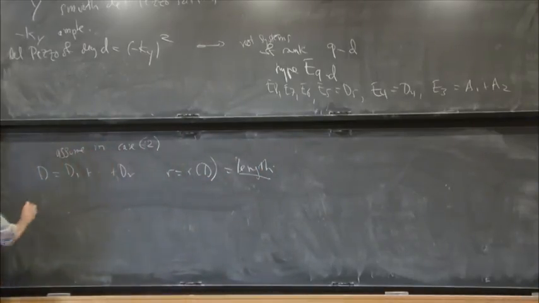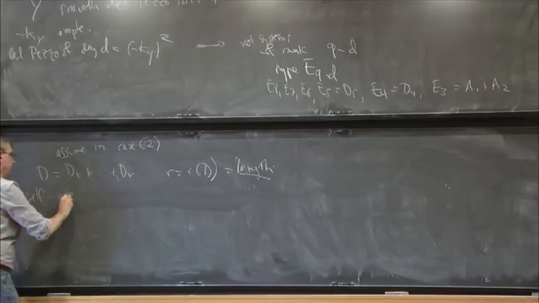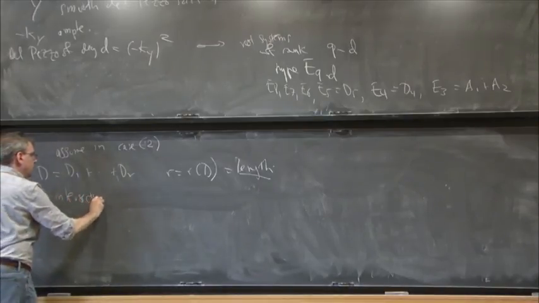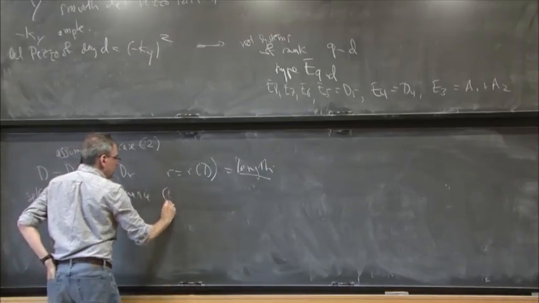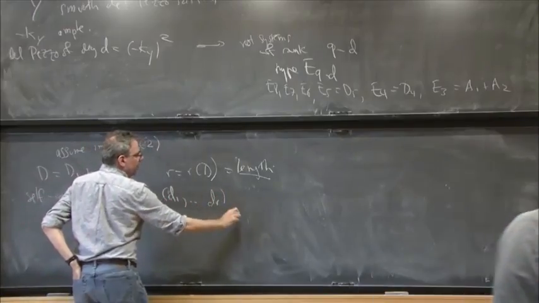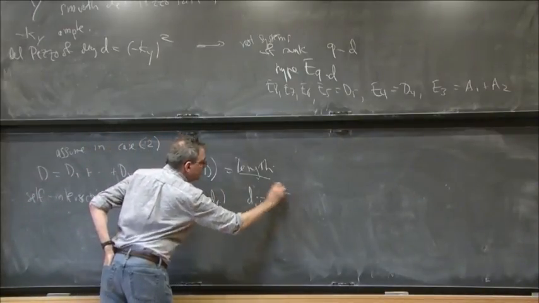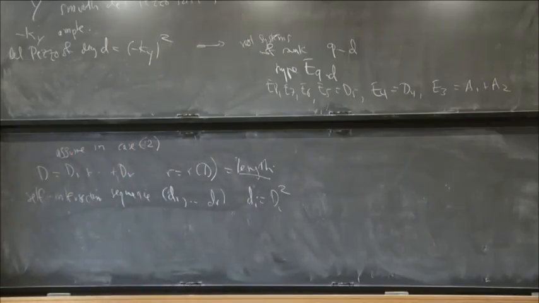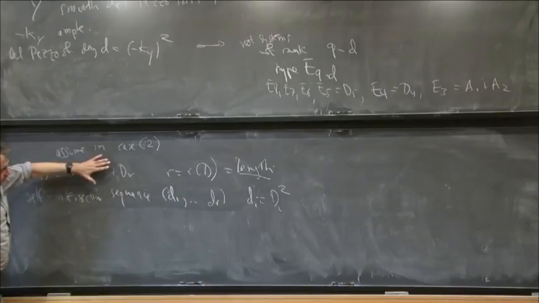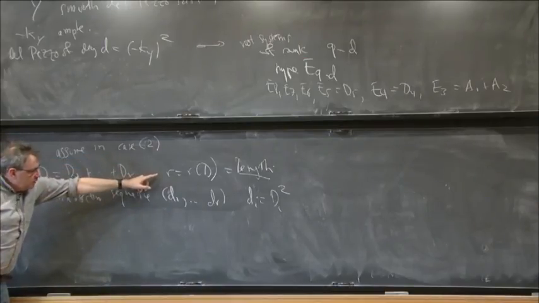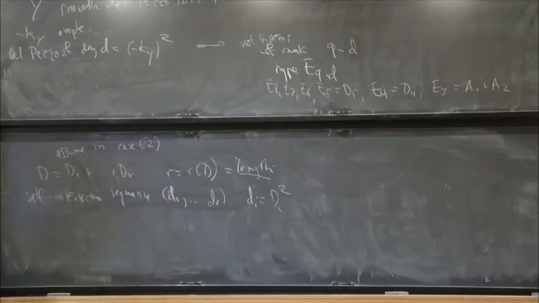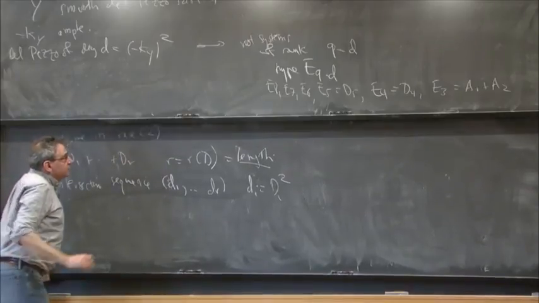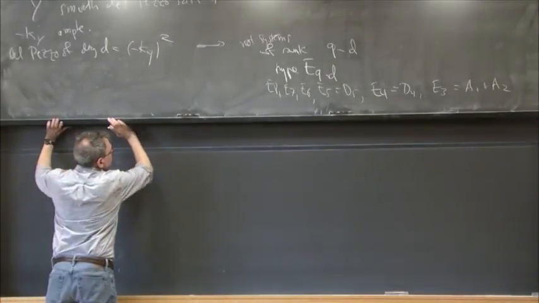And we also have the self-intersection sequence D1 up to Dr, where little d_i is just the self-intersection of capital D_i. I'll say it in more detail in a minute, but there's no bound on r, and these numbers in general can be as negative as you like. So in that sense, this is really the abundant case.